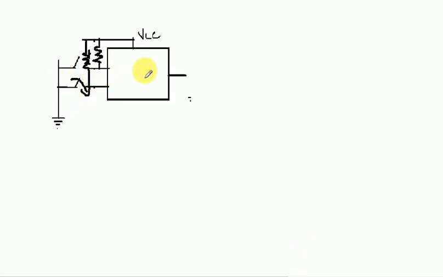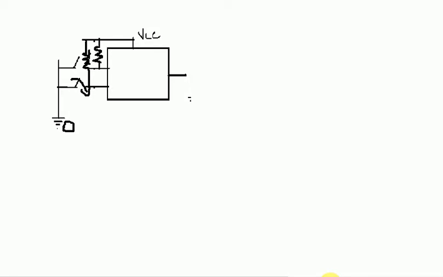Now, strictly if we go through the definition, pull up network is providing a high resistance path when output logic is 0, and a low resistance path when output logic is 1. And what is pull down network?